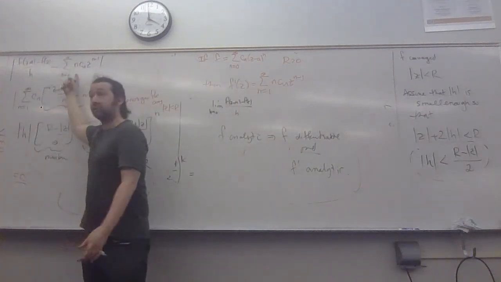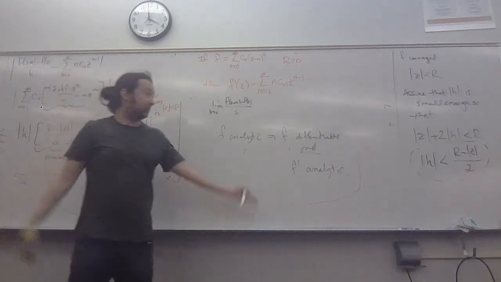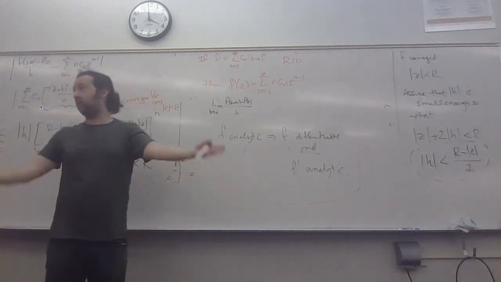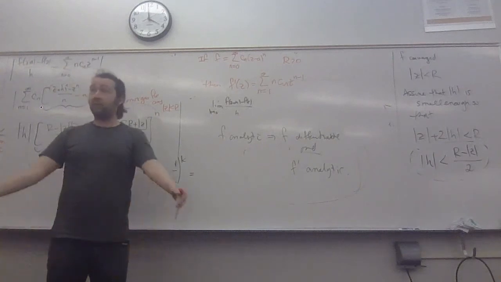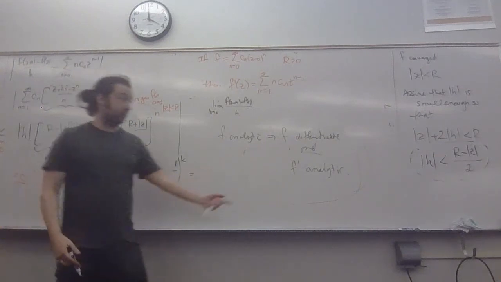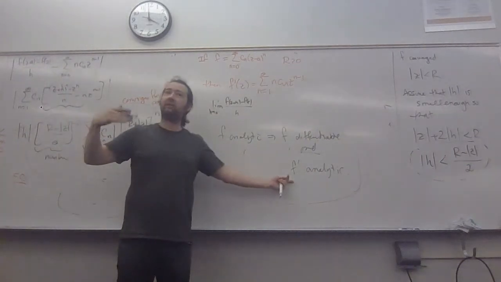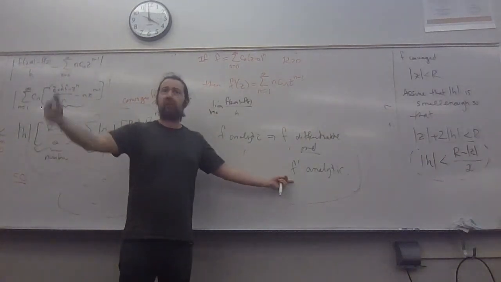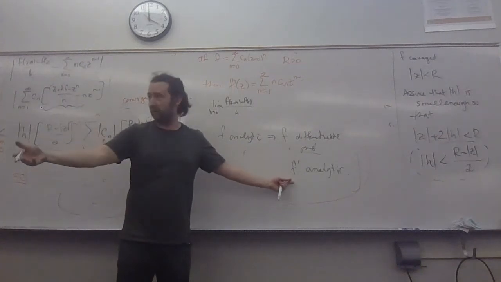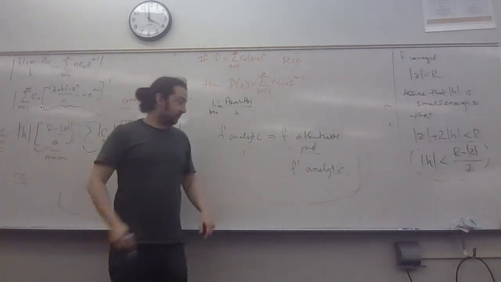So what's to stop us from turning the crank and doing the same argument on f prime? The answer is nothing. If f prime is analytic, apply the theorem again. So f prime analytic implies f double prime is analytic, and f double prime analytic implies f triple prime analytic. This is why it is called the infinite differentiability theorem.